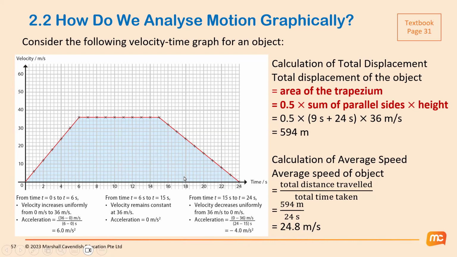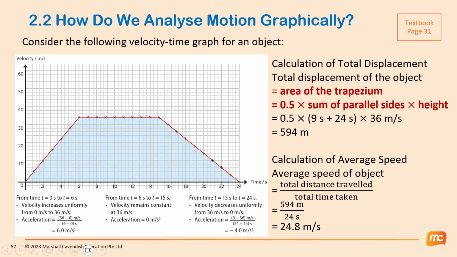Then I want to calculate the average speed or average velocity of this object. Think back to the formula: it is the total distance or total displacement over total time taken.